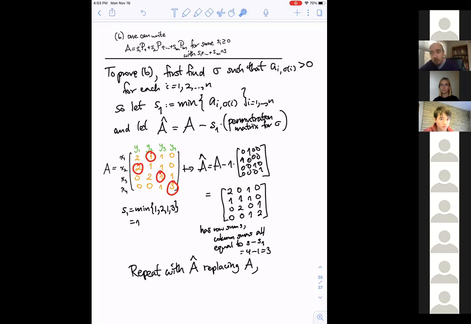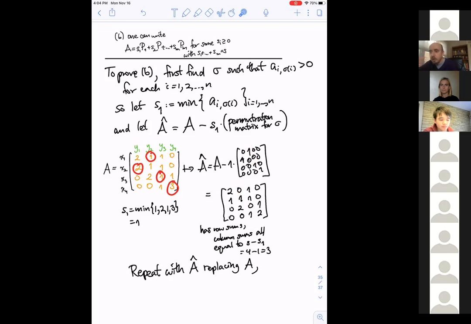One thing is we created more zero entries when we did this because we made sure to actually pick the minimum here. And so some of those entries definitely turned into zeros. So if we look at the number of non-zero entries, A hat has fewer. And therefore, we can induct.